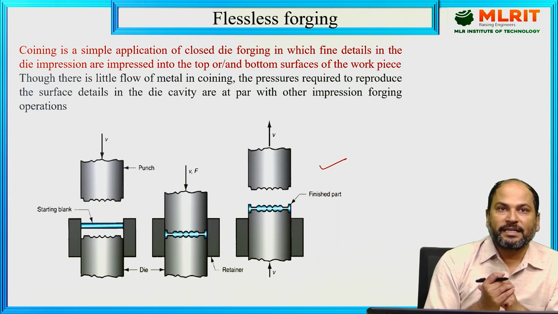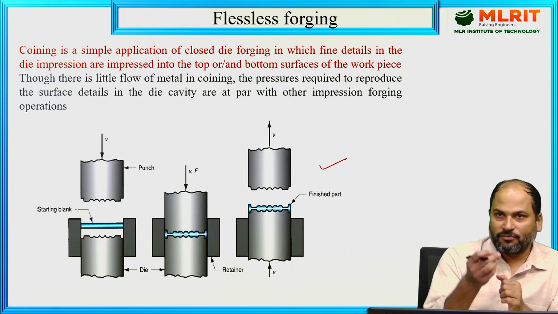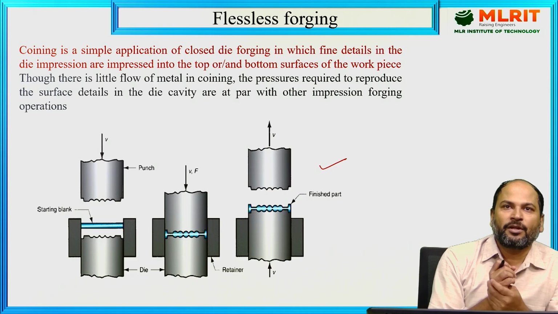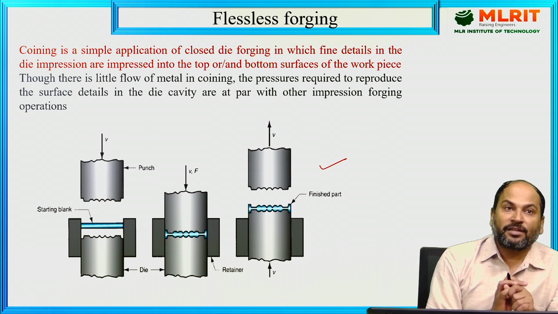Although there is little flow of metal in coining, only a little flow of material will be there over the surfaces, required to produce the surface detail in the die cavity, as in other impression forging.